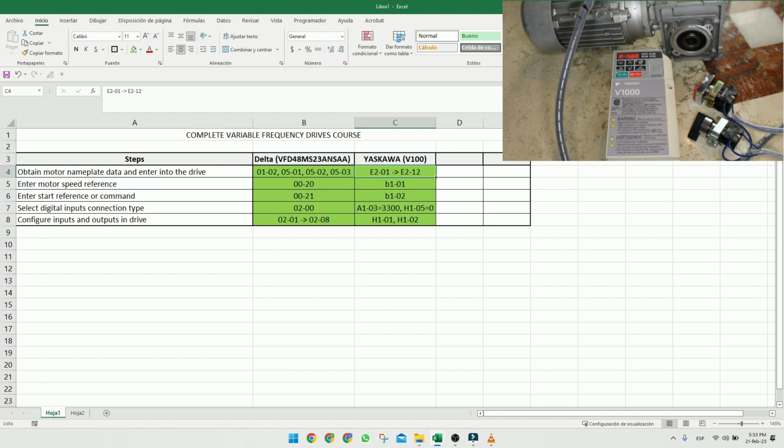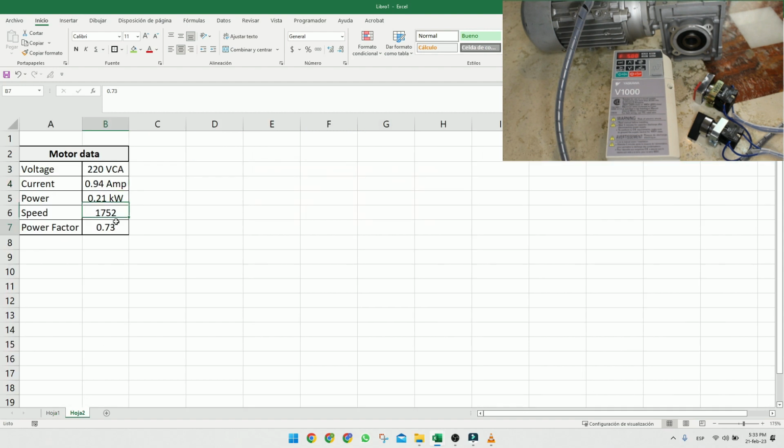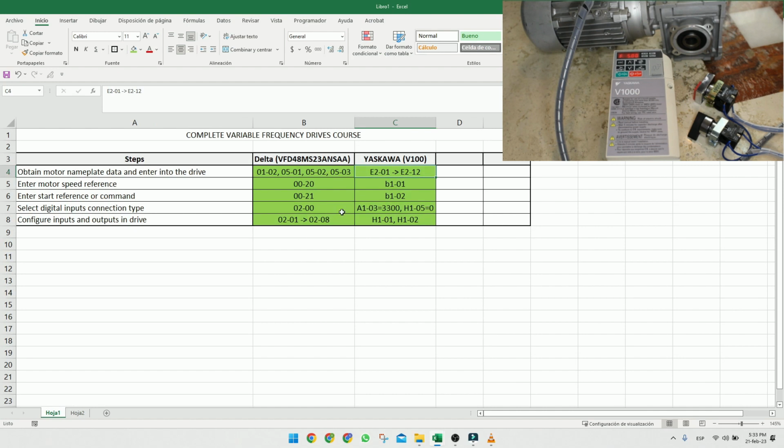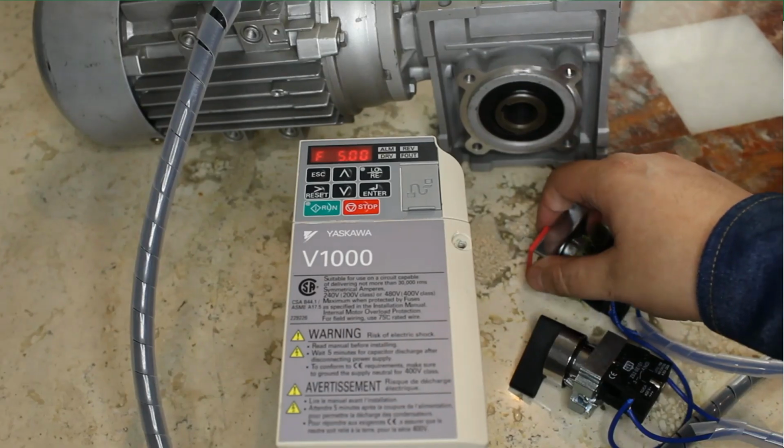So in this case, if I run to 60 Hertz, that means its speed is going to be 1752 RPMs. But don't get this confused. This number is Hertz. All drives are handled through Hertz. Frequency variators. So F means frequency. Now let's see if this is true that it works.